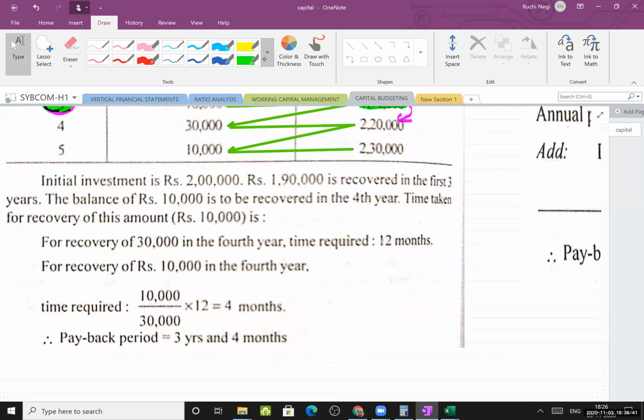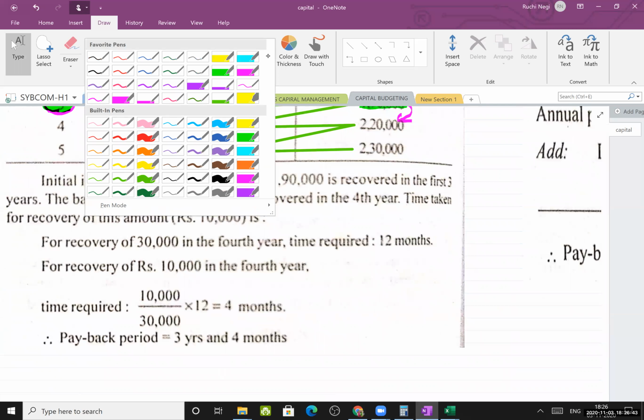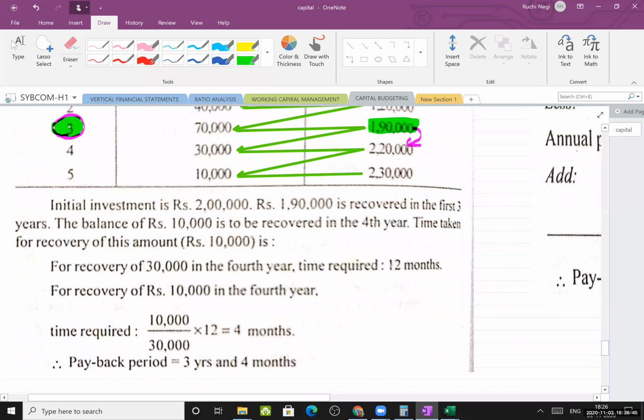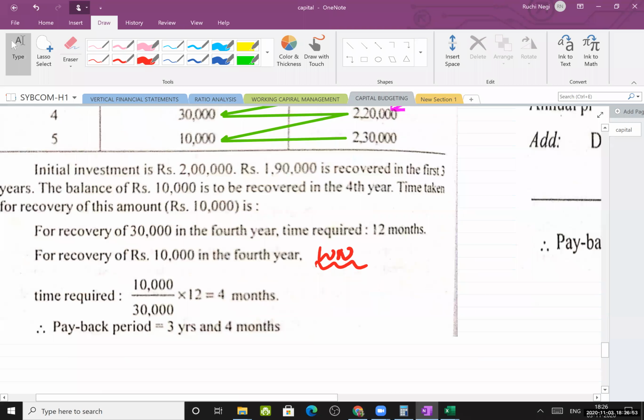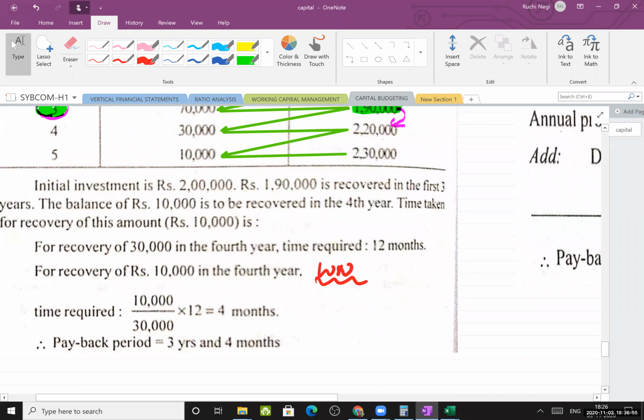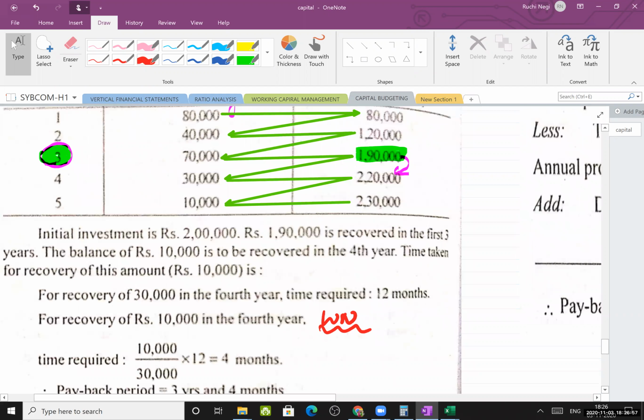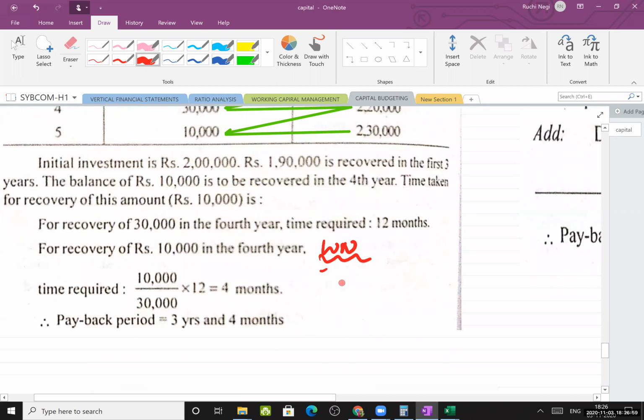So how am I going to do that? Just pay attention. I'll solve it here. See, working it. 2 lakh 20 minus 1 lakh 90.